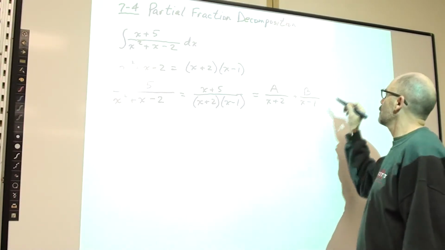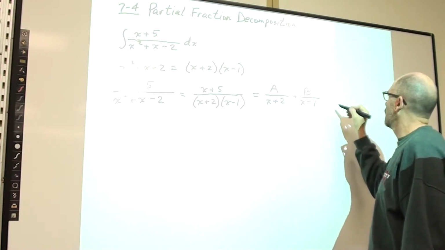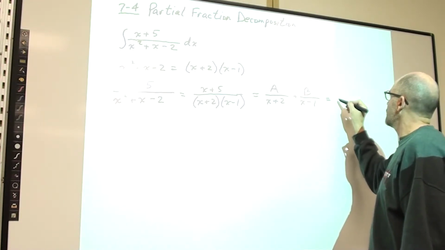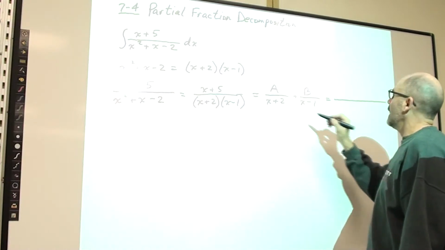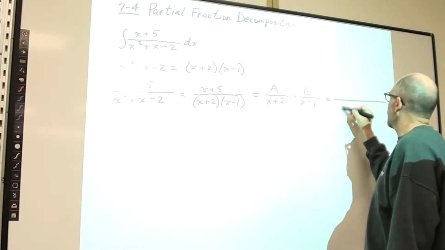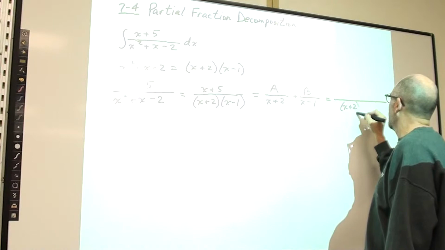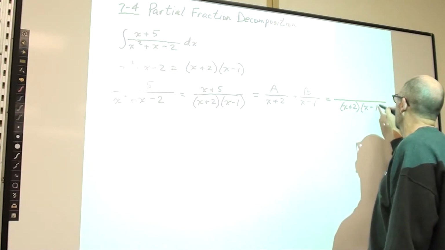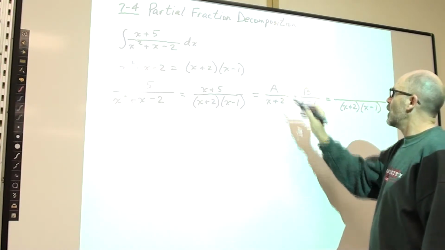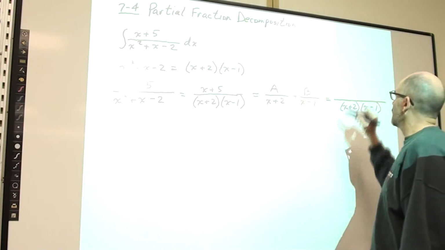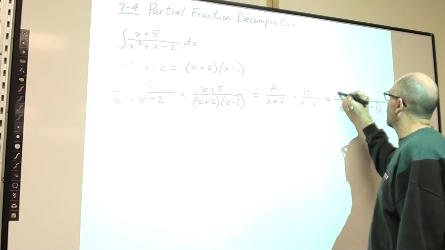So I'm going to make the common denominators. Now, if my common denominator is x plus 2 times x minus 1, then the top of the first fraction has to be multiplied by x minus 1.